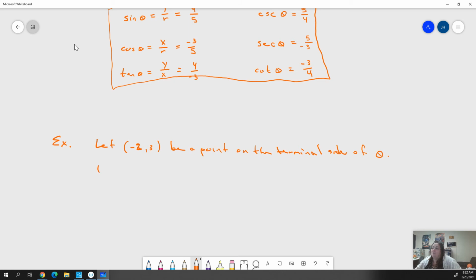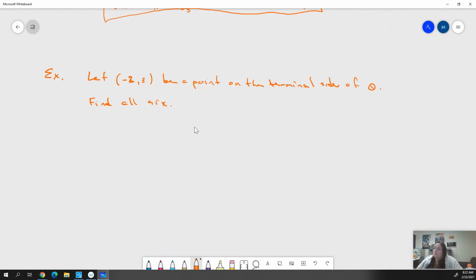Right, we want to find all 6 trig functions. So we know our x equals -2. We know our y equals 3. We just need to figure out what our r equals.